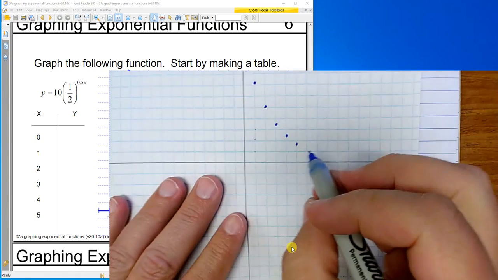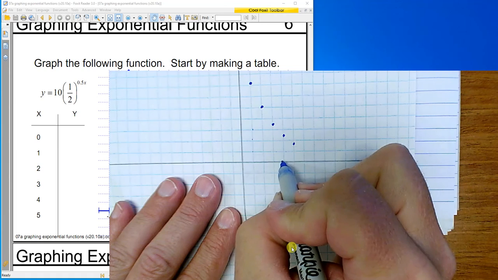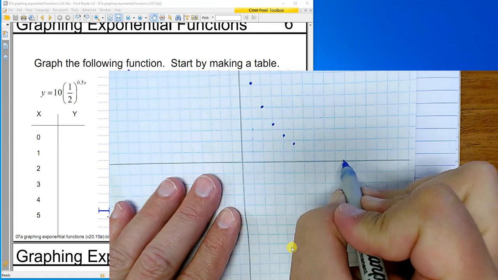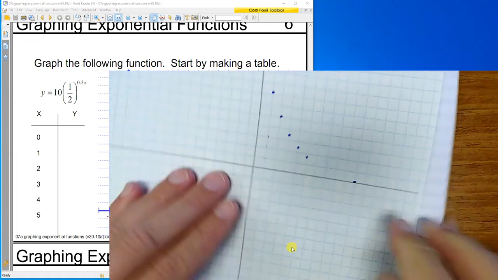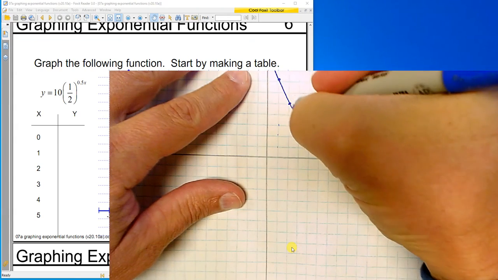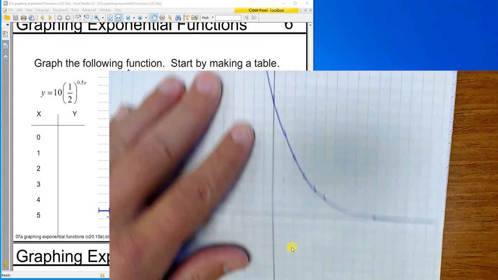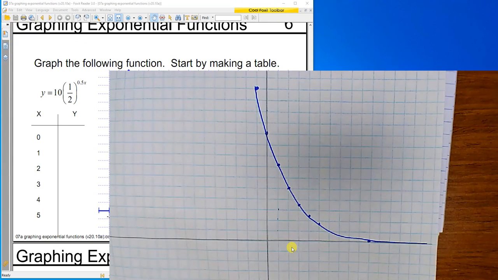So over here at 10, it's at 0.3. So this curve is coming down. There's our graph.